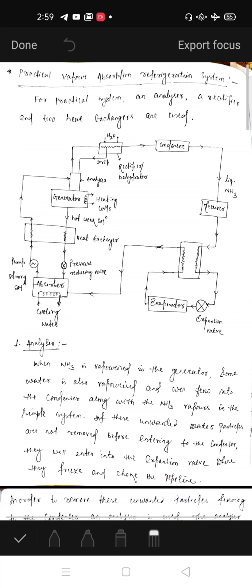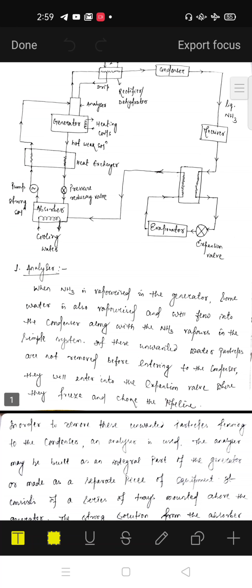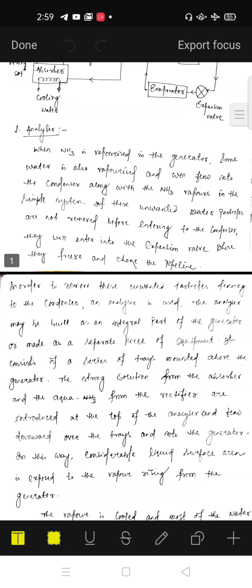If these unwanted water particles are not removed before entering the condenser, what happens? You can use your common sense. It may freeze and it will choke the pipeline, meaning the total refrigeration system will be damaged.